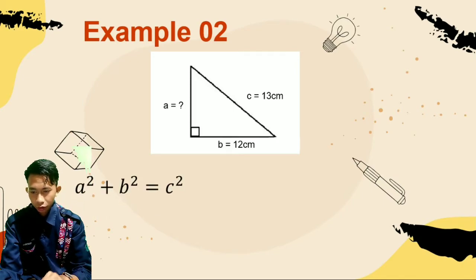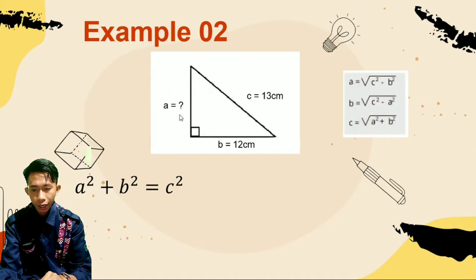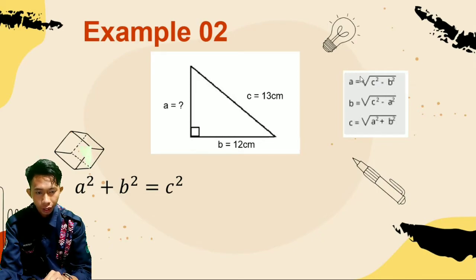Now let's try to find the length of the A side. Let's see. From the theorem we got A squared plus B squared equals C squared. According to the theorem, if you want to find the A value, we should use the first formula. A equals the square root of C squared minus B squared.